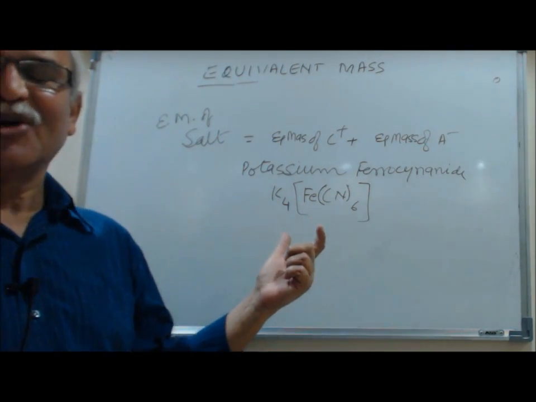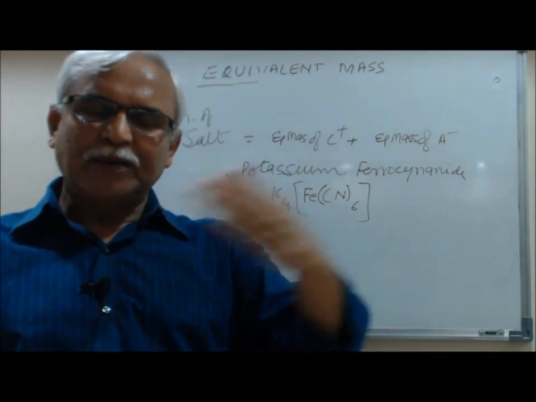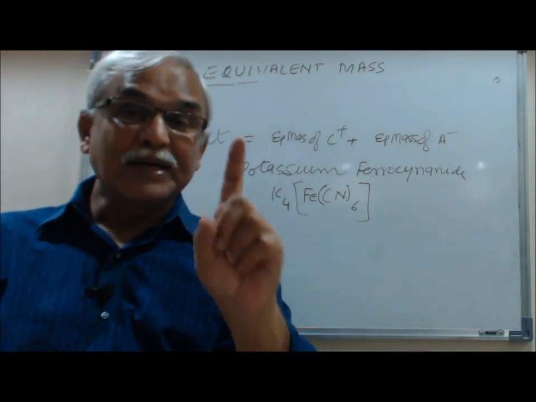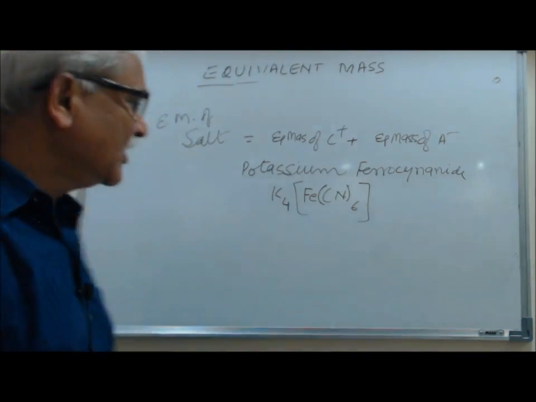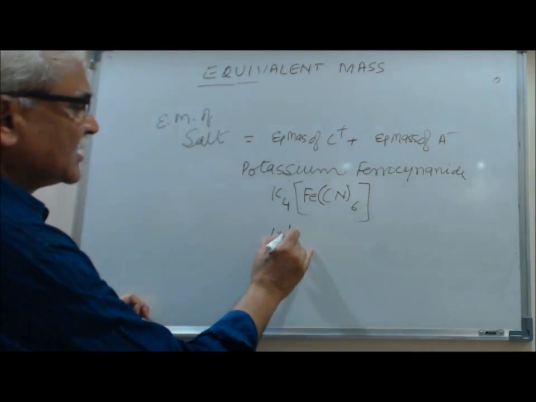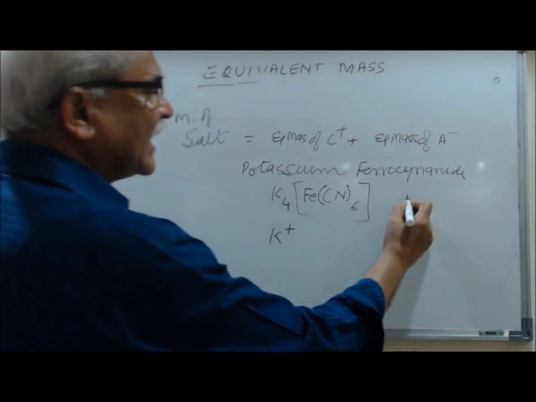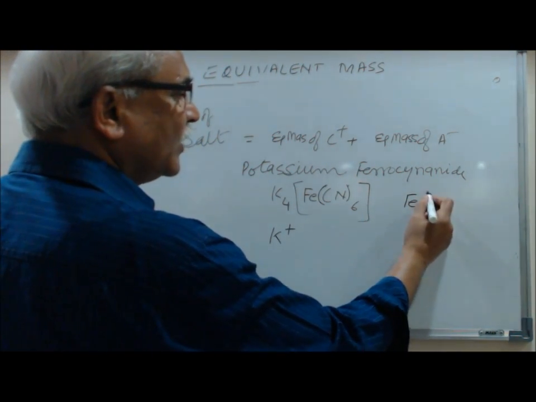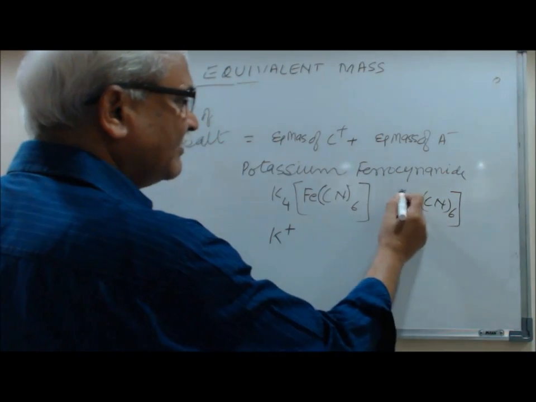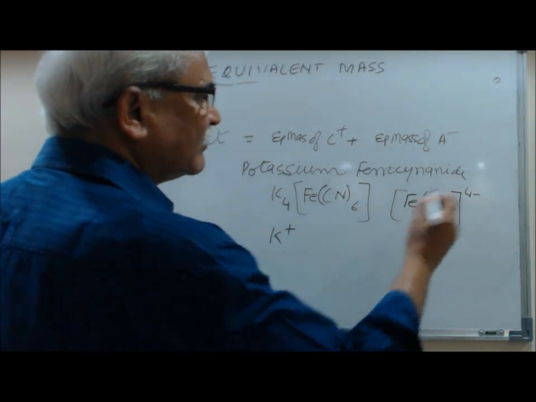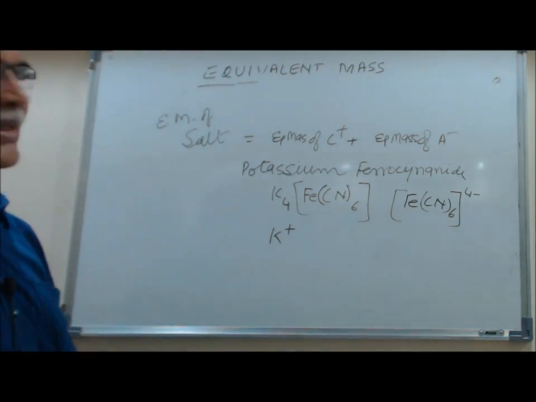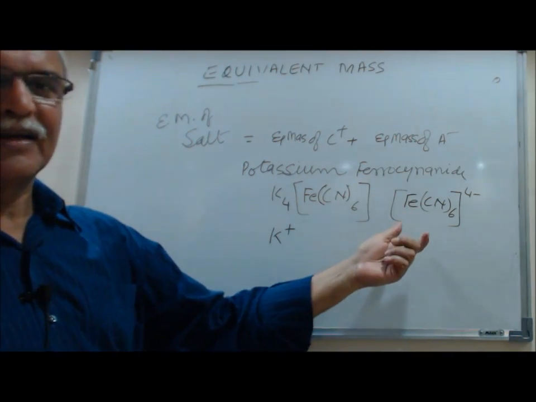So what do we do? In case of a salt, we break it up into cations and anions. Numbers are not important. So what is the cation here? Potassium plus. This 4 is not important. And ferrocyanide is an ion. If you do not know it now, ferrocyanide by itself is an ion with 4 negative charges. This is called the ferrocyanide ion.